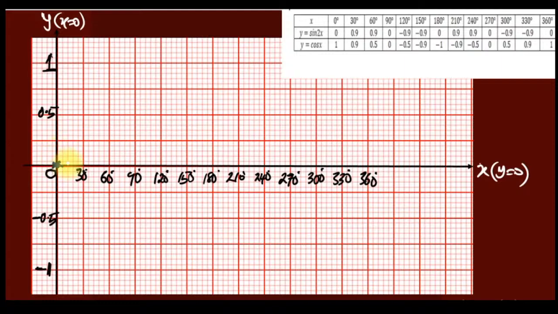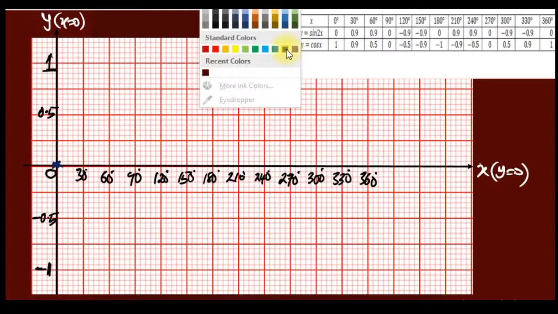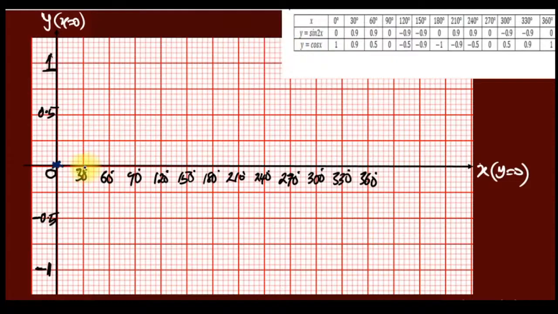So I'll move up 18 grid lines. We'll count. When x is 30, I move 18 grid lines up: 5, 10, 15, 16, 17, 18. So that's my 0.9.